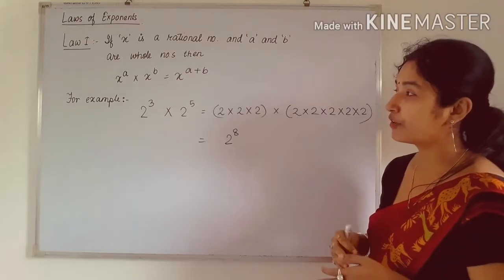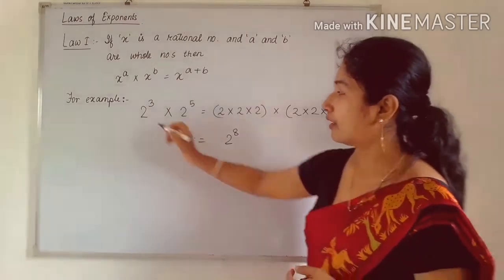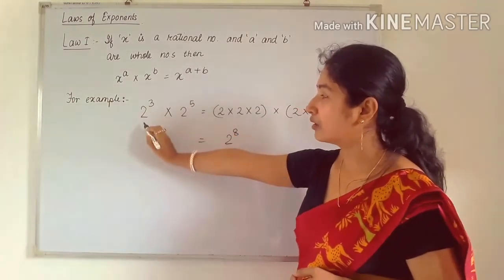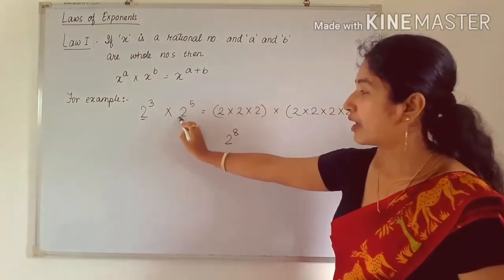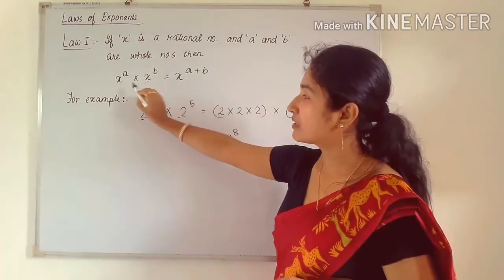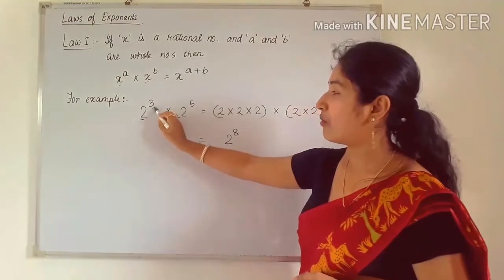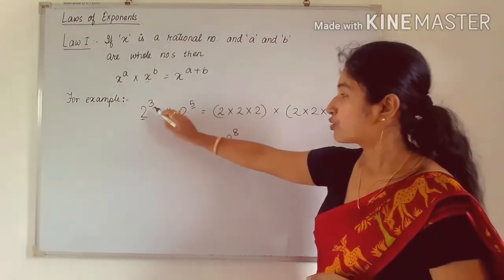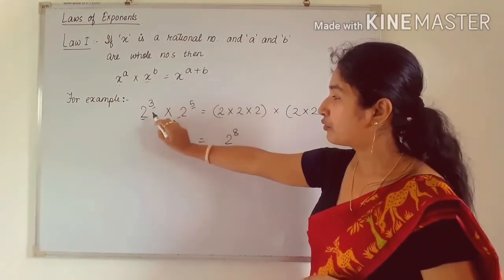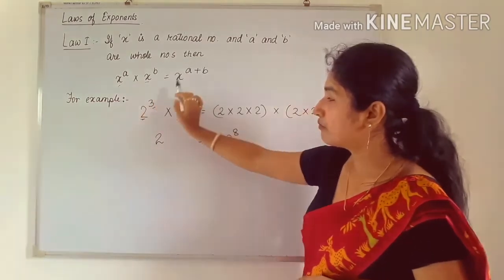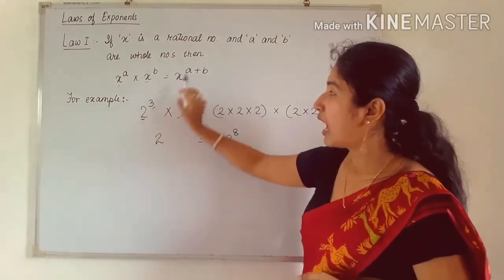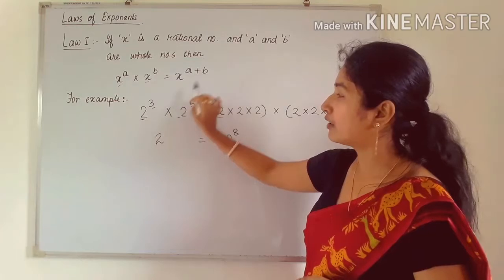We can use the first law here also. So how to use the first law? If you compare the two things, you can easily understand. Here the base is same, and the power is different. So what we have to do? We have to write 2, because the base is same. We write only one base, and in the power we have to add the two numbers.